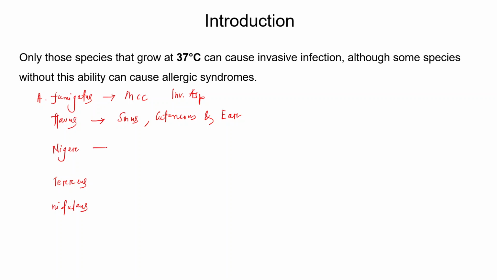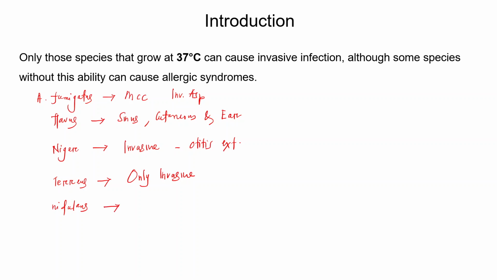Aspergillus niger usually causes invasive infection, and more likely causes otitis externa. Aspergillus terreus causes only invasive infection, and it has a very bad prognosis.